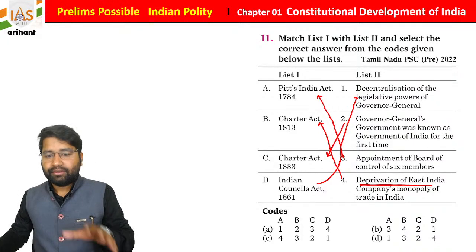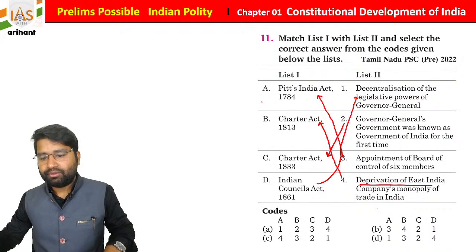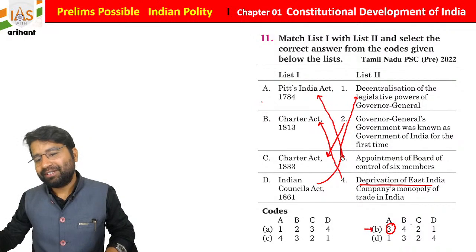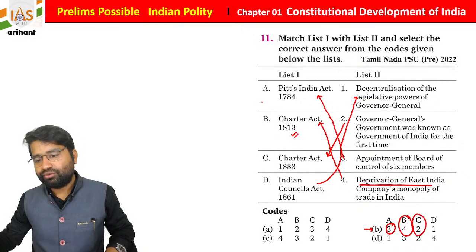If you match this, automatically for A you need to go for 3, and by choosing one right answer you can get the right answer. So automatically this option B is going to be correct. Charter Act 1813, deprivation of East India Company, so B4, C2 and D1.